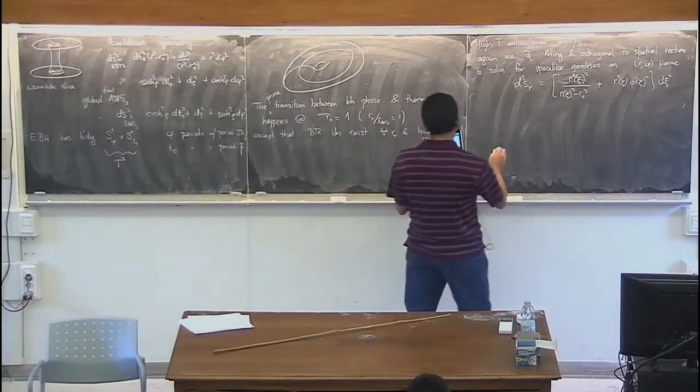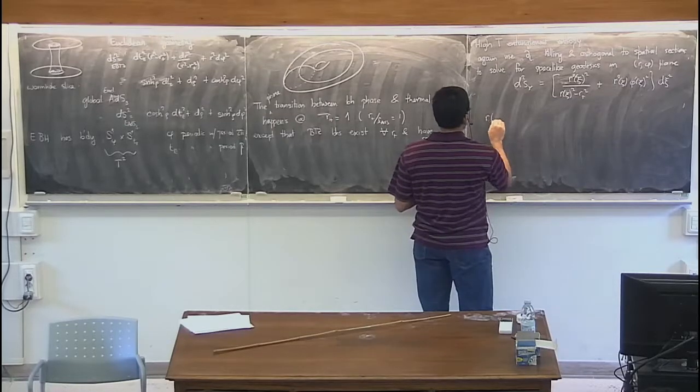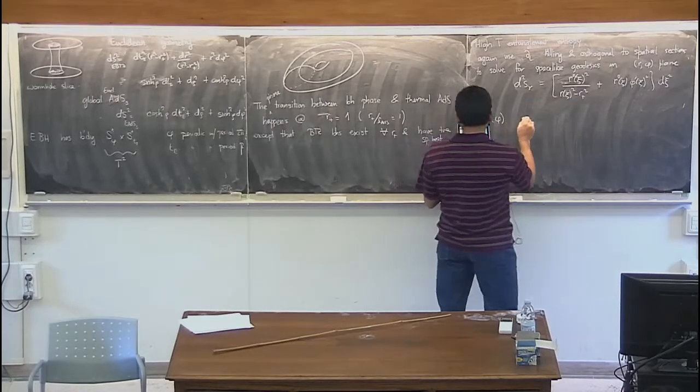Actually, it's nicer in this case. You can write an explicit formula. So let me write the formula. You can write for r of phi itself.